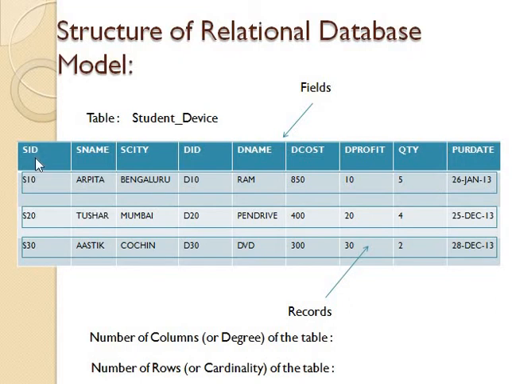These column names such as SID, SNAME, SCT, DID, DNAME till PUR date are known as fields in the implementation model, and the same is known by the term attributes in the theoretical model.